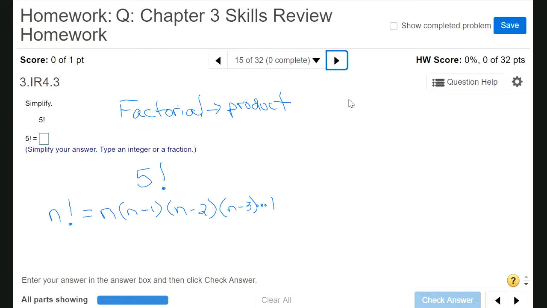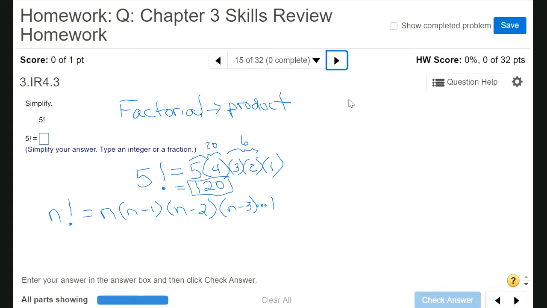So 5 factorial means 5 times 4 times 3 times 2 times 1. Now in reality that 1 doesn't really do anything, so you don't have to punch that into your calculator. So this would equal, and you can multiply in groups. Like 5 times 4 is 20, and 3 times 2 is 6. So 20 times 6 is 120.